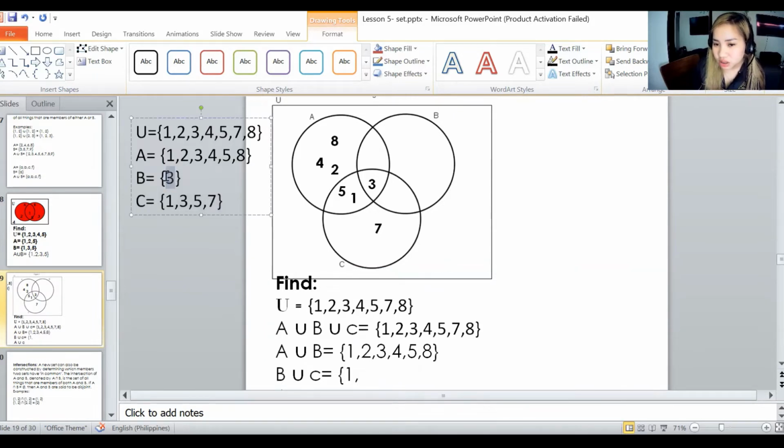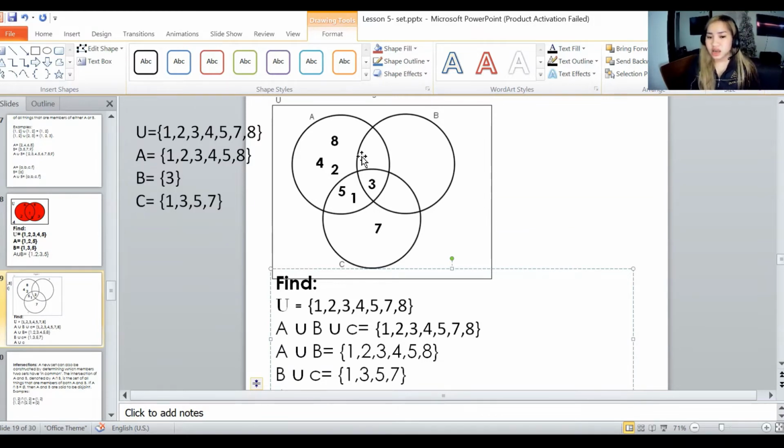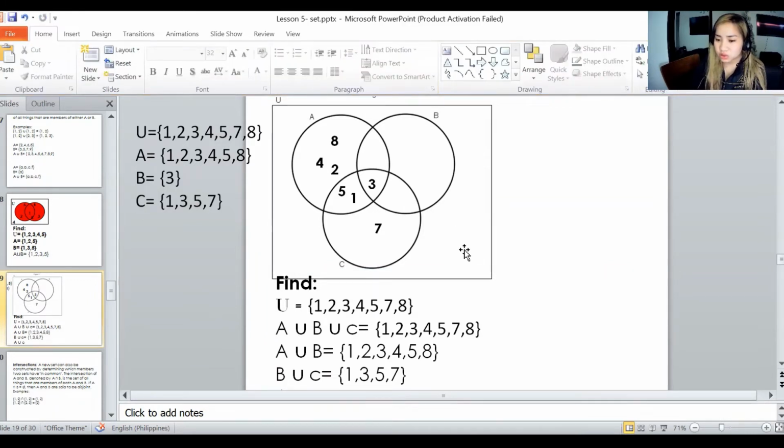Ilalagay natin yung 3 as 1, 3. Next is 5 tsaka 7. So, that's the end ng union natin. Ito na po yung discussion natin sa union. So, again, for the union, just combine all the elements inside the given set po.